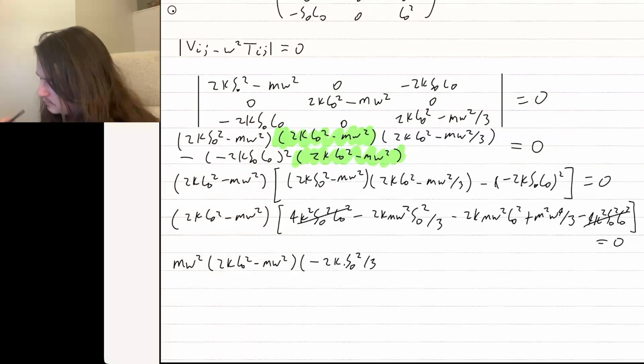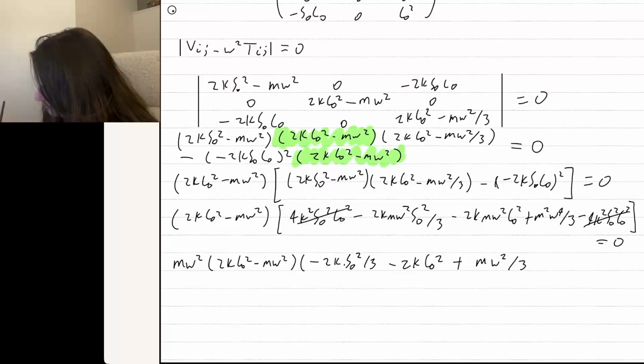Yep, and then this is minus (2k c naught squared plus m omega squared) over 3 is equal to 0.